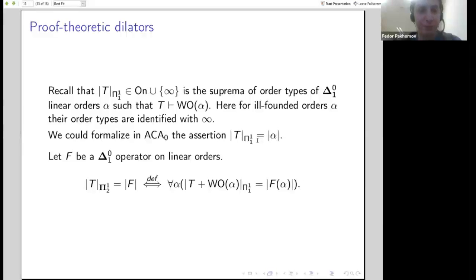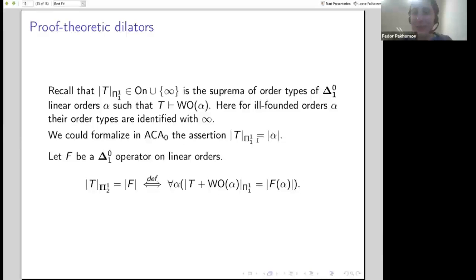And here we will have an important technical notion, namely the notion of proof-theoretic dilators. Basically, I don't really want to go into an explanation of what dilators are in general.